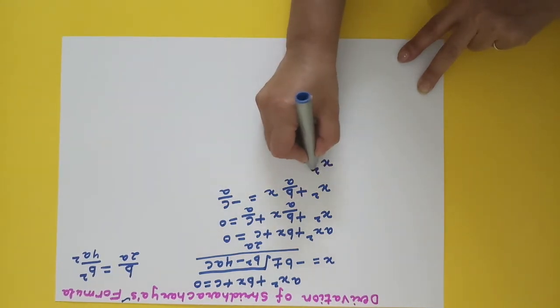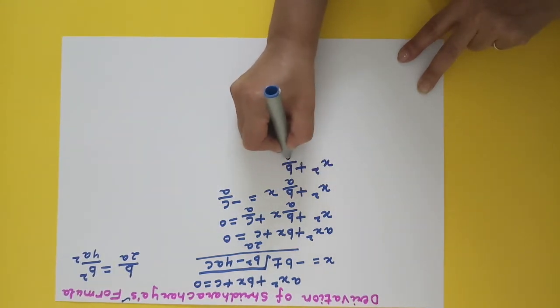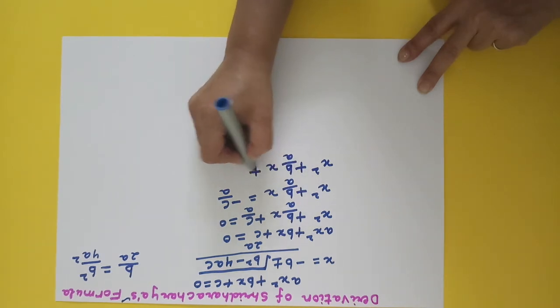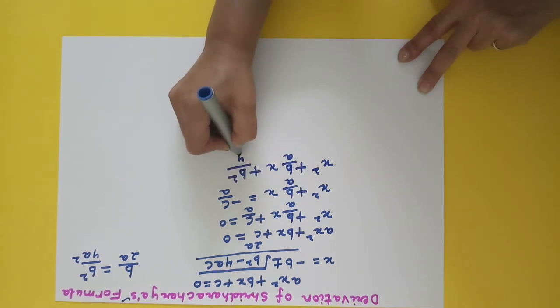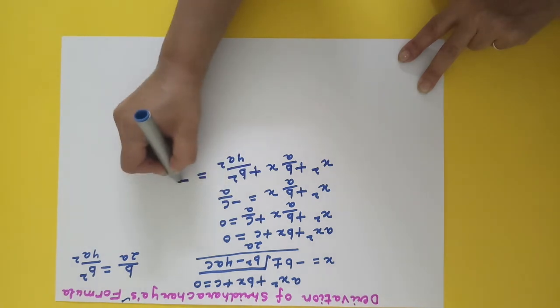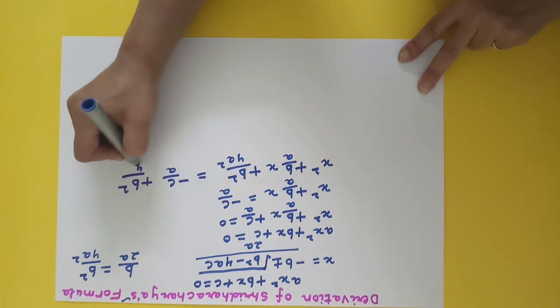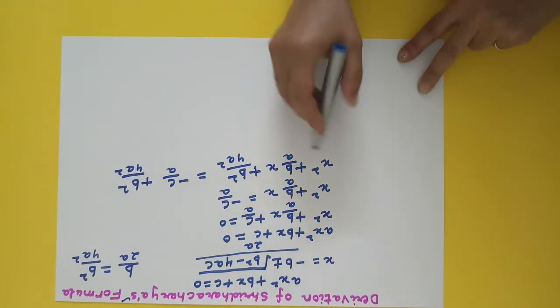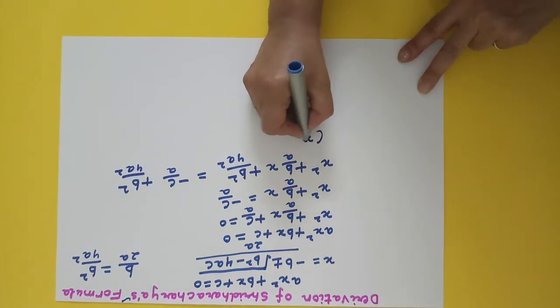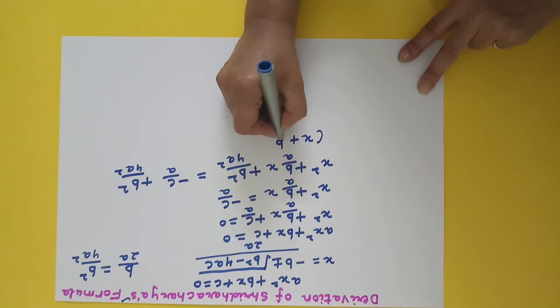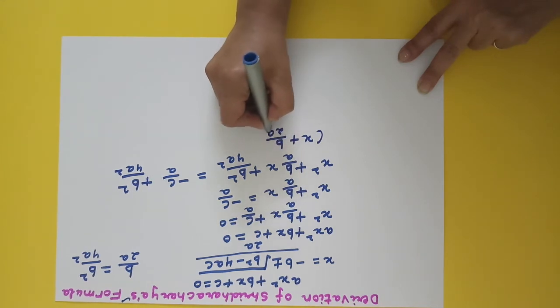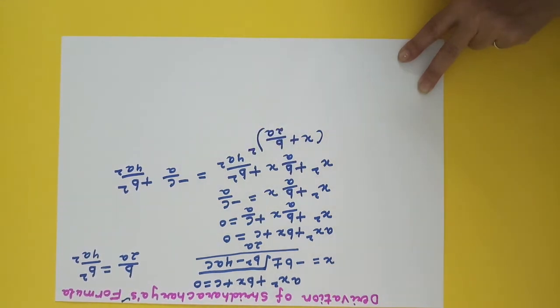So we'll get x square plus b by a x plus b square upon 4a square equals minus c by a plus b square by 4a square. Now if we look at this, isn't it x plus b by 2a whole square? Yes.